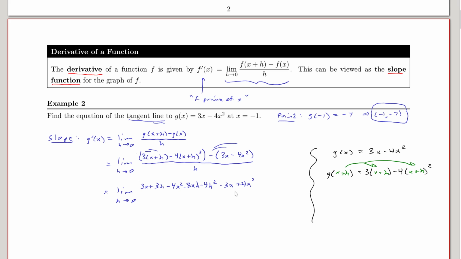The reason that was important is everything without an h needs to go away in order for me to factor an h out on top. And so if you look here, we have a 3x minus 3x, negative 4x squared plus 4x squared, and everything that's left on top has my h.